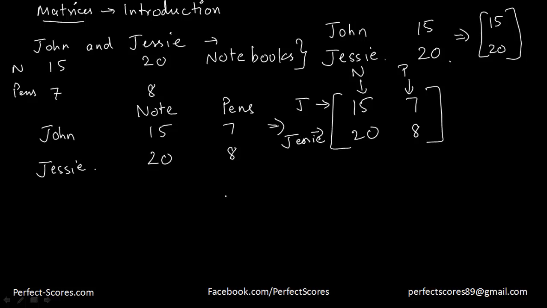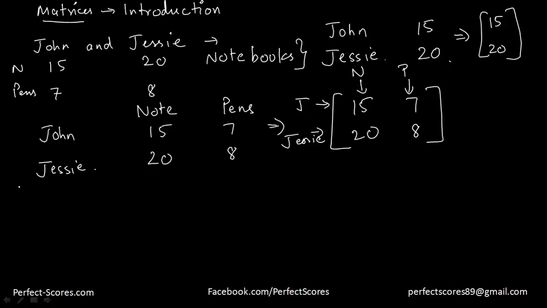So a matrix is a way to represent information, and it's very crucial. In future videos, we're going to talk about various applications of matrices, but right now it's very important for you to understand that you can represent a piece of information in many different ways.